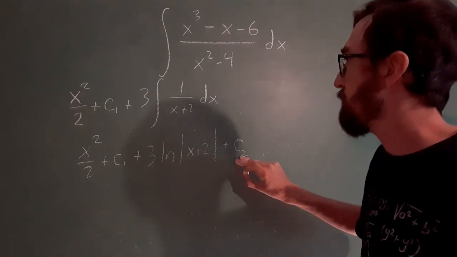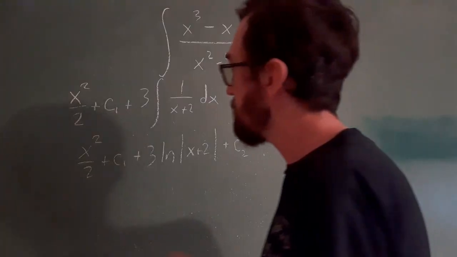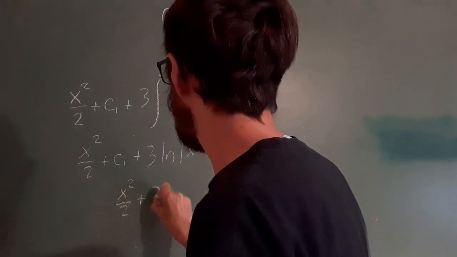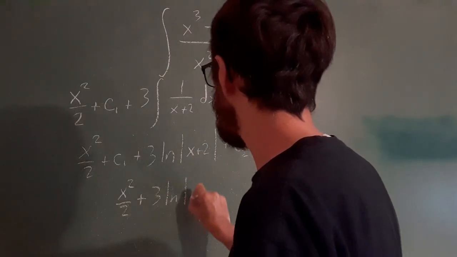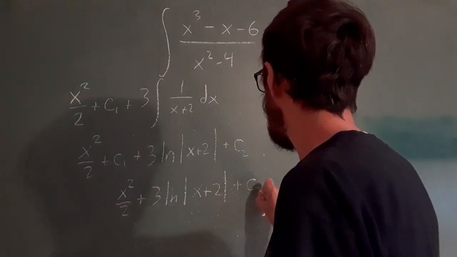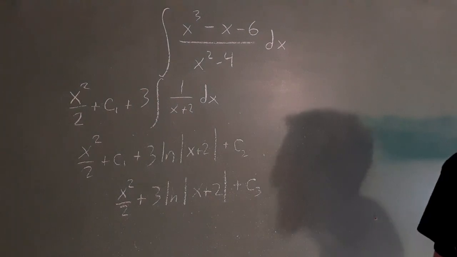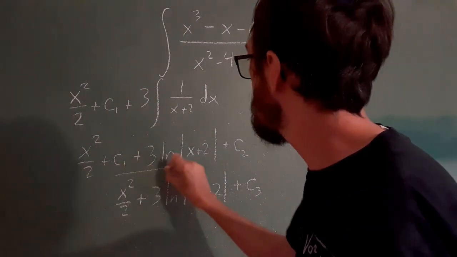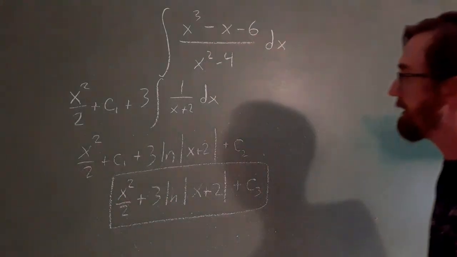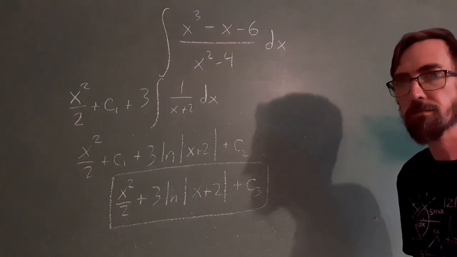Since these are just real numbers, we can add them together and that can be a potentially new constant. So we have x squared on 2 plus 3 log of absolute value of x plus 2 plus a new constant I'm going to call c sub 3. So this is the form that we get when we integrate this without limits.